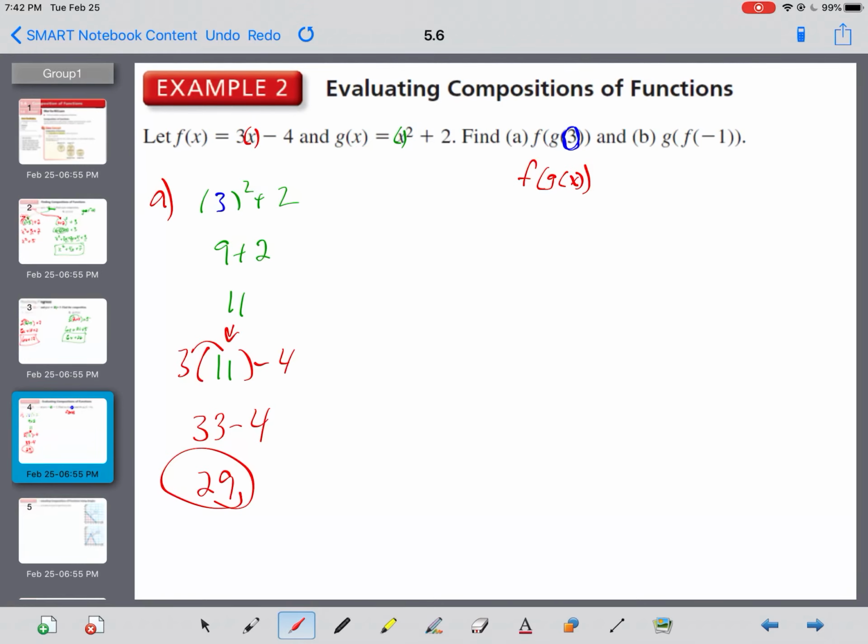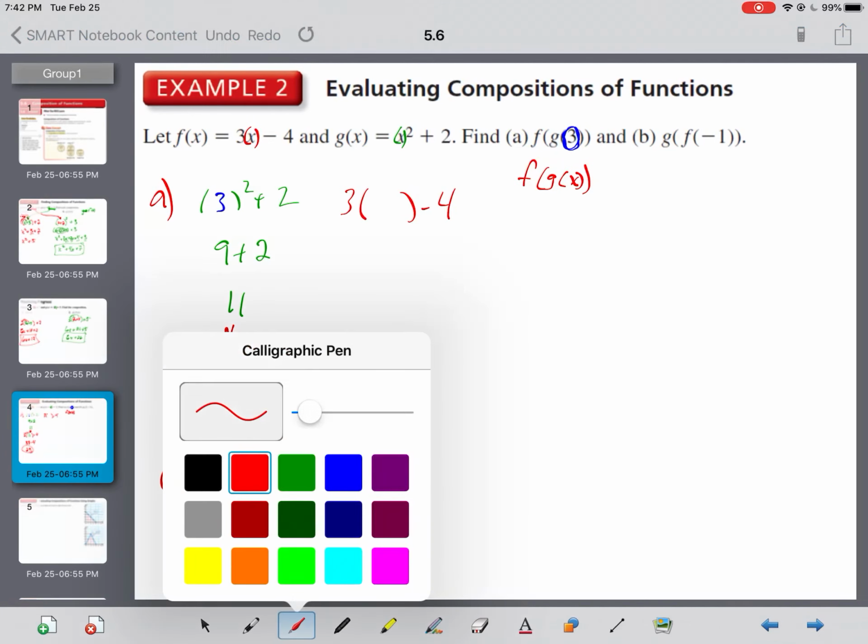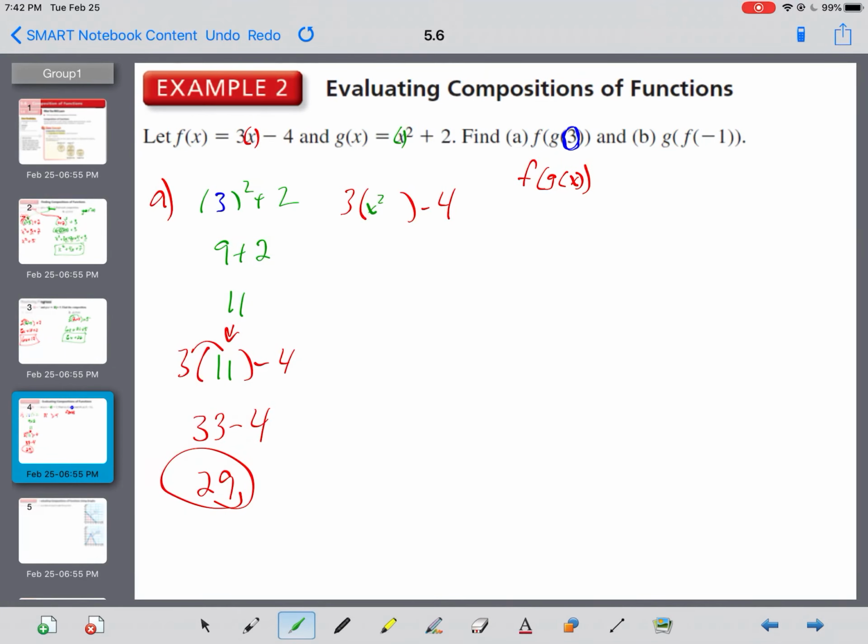The other thing you could have done was taken f of x, plugged in g of x, and then simplified: 3x squared plus 2 minus 4, 3x squared minus 2. And then you plug in the number that you need to.